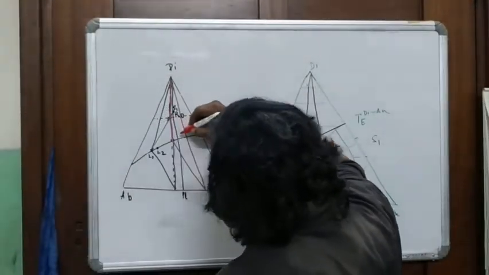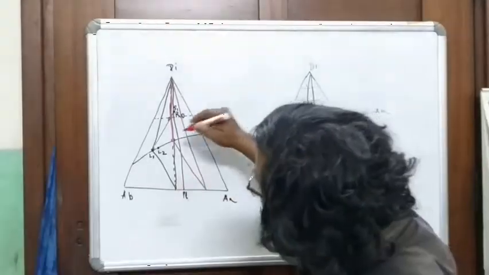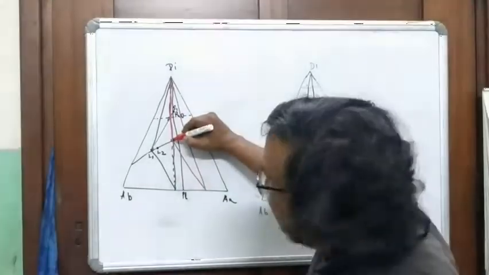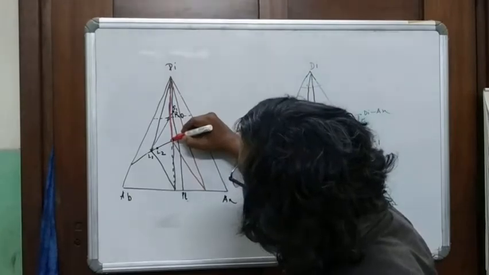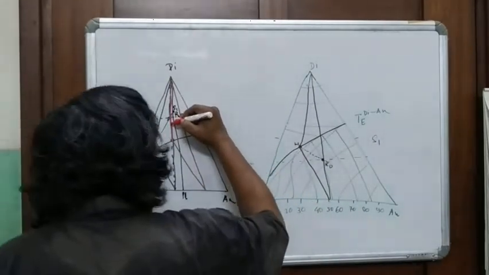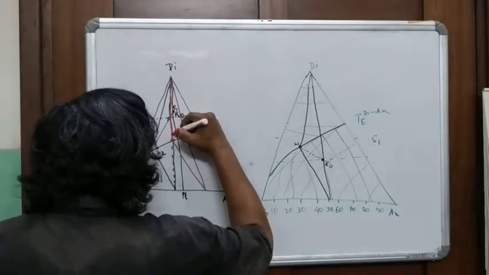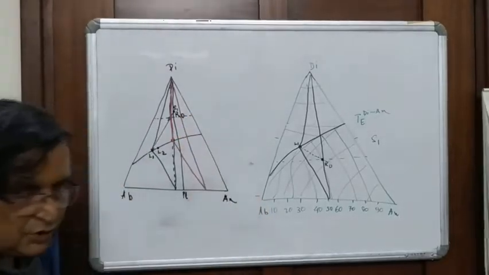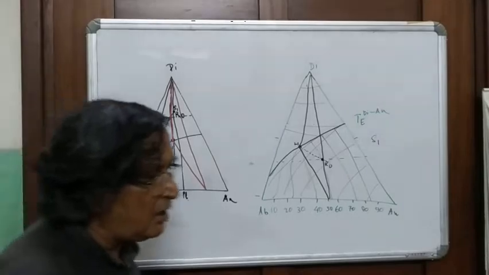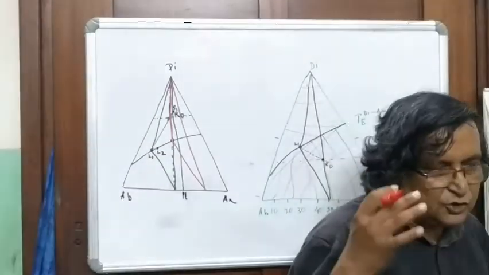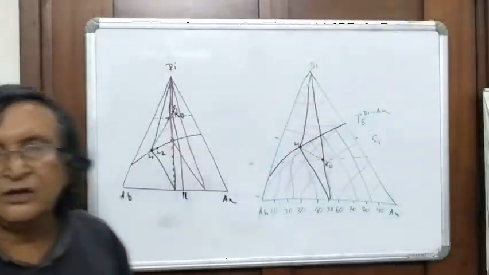But you can see that at the last phase, if it leaves the boundary, then you see your melt composition in the next step. The melt composition moves from here to here, and plagioclase is no more there in the rock.